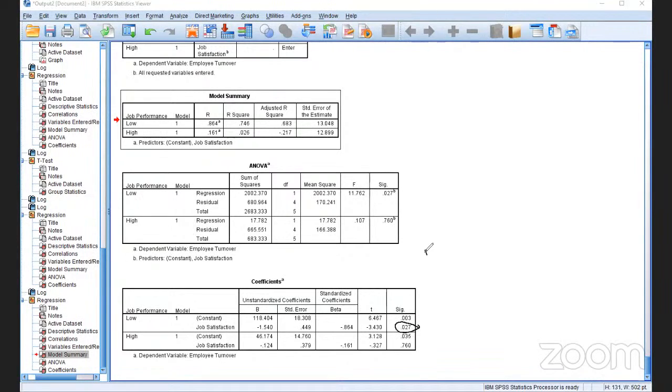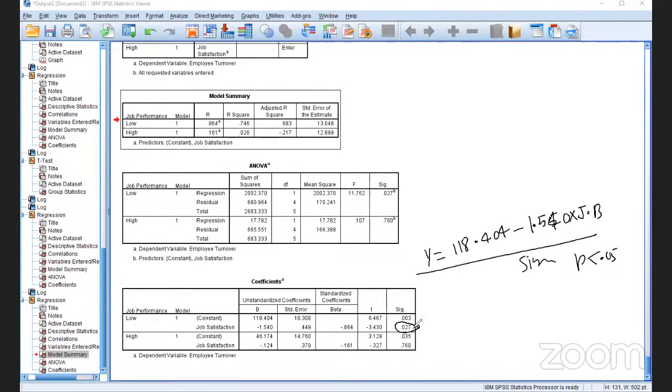And what is the equation for low job performers? 118.404 minus 1.54 into job satisfaction. Okay, and it is significant, because the p value is less than 0.05.